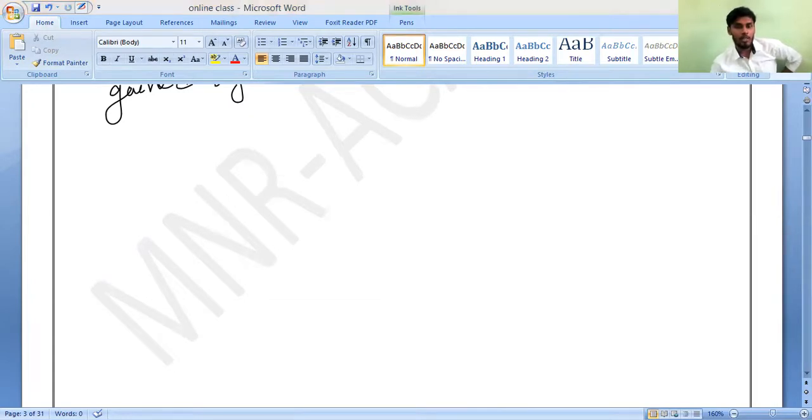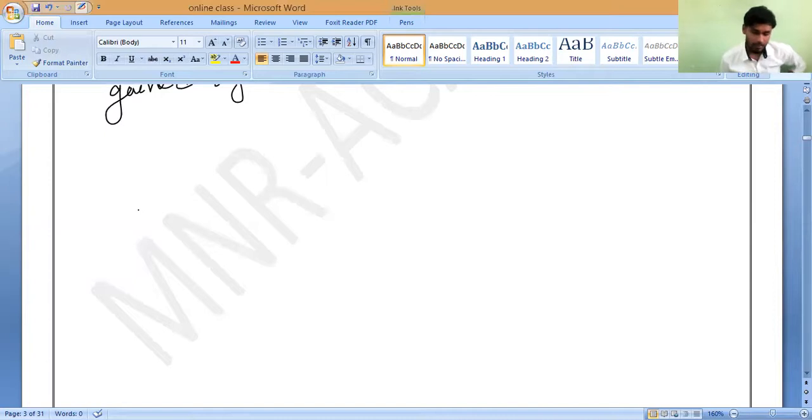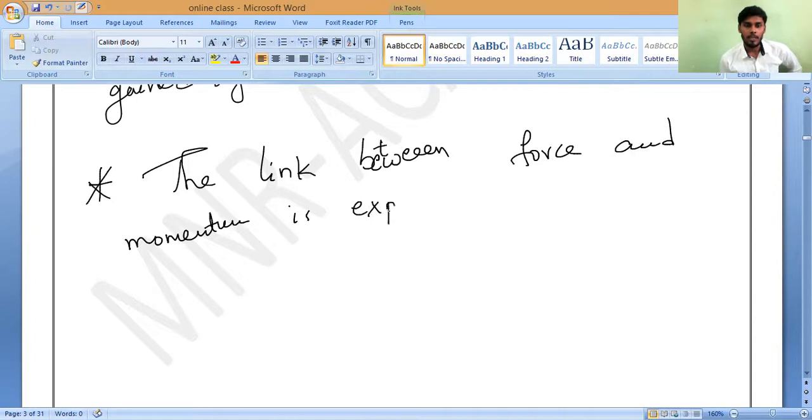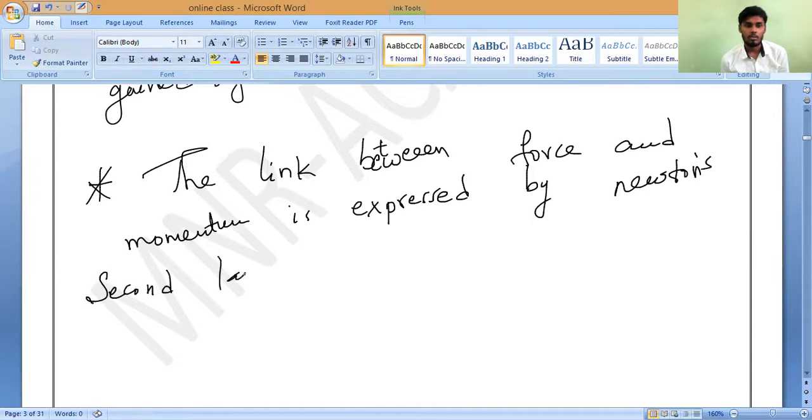The link between force and momentum is expressed by Newton's second law of motion. Do you understand, all of you? Yes, sir.